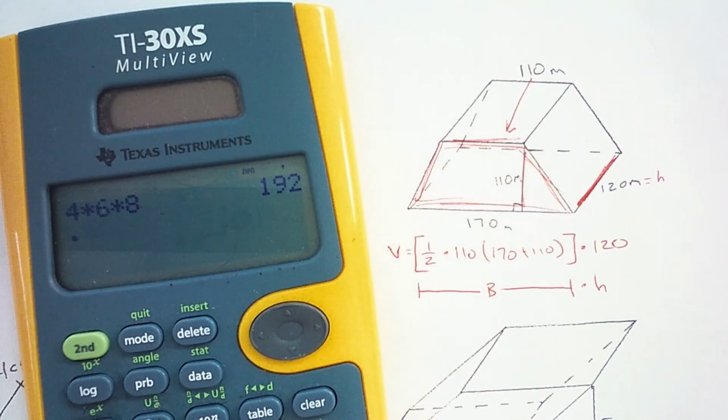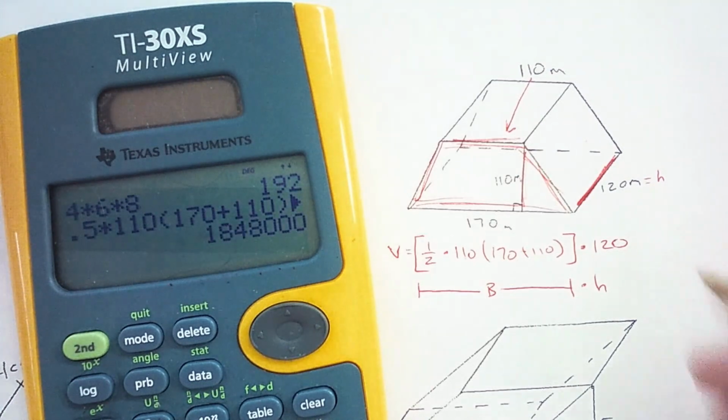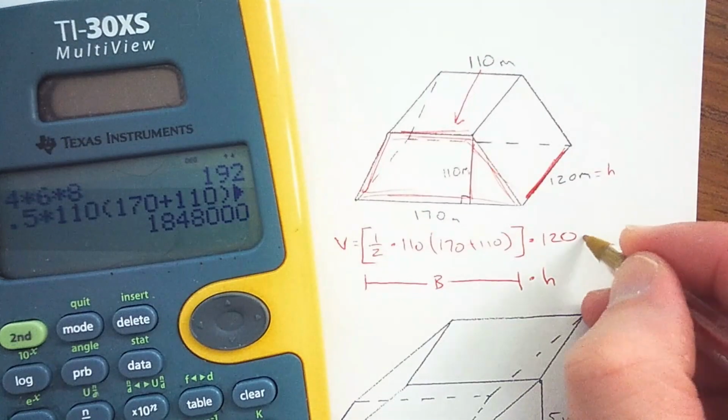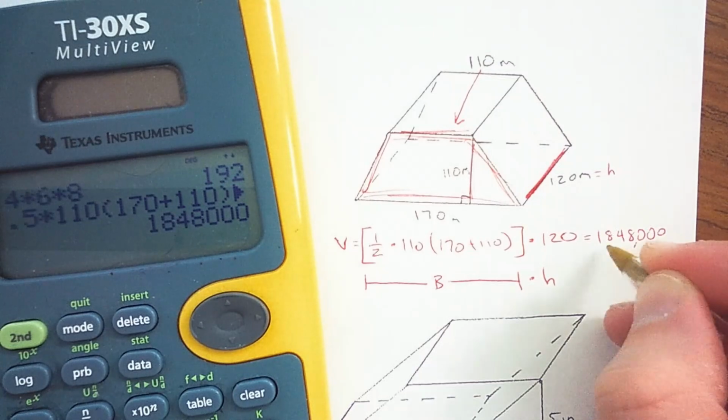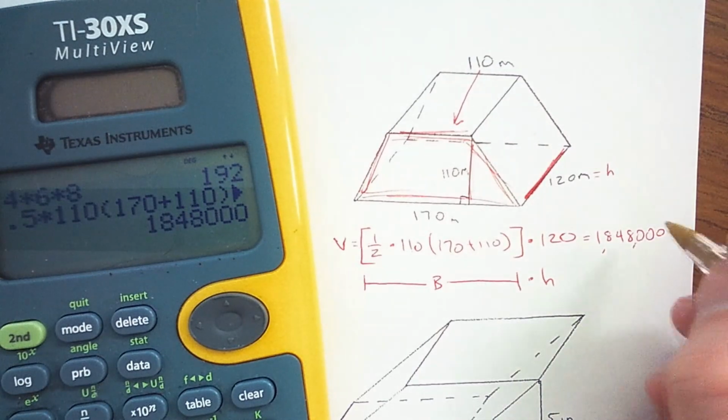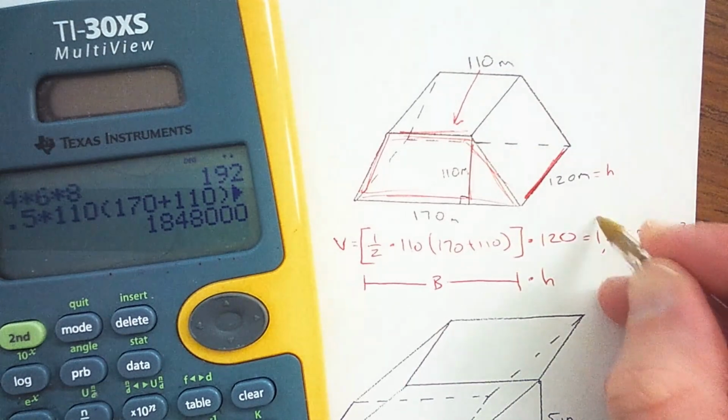It's half times 110 times the sum of the bases, 170 plus 110, times the height of the prism, which is 120, and it's kind of a big number. So we have 1,848,000 meters cubed.